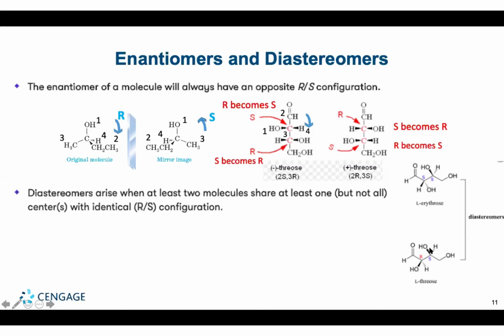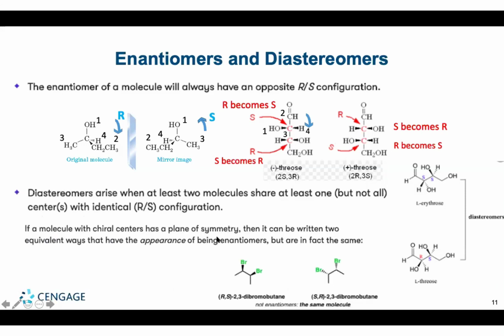But the bottom right is S, which is the same as the top one. So these two are diastereomers of each other. So diastereomers should at least have one identical configuration, which these two have, and we call them a pair of diastereomers.